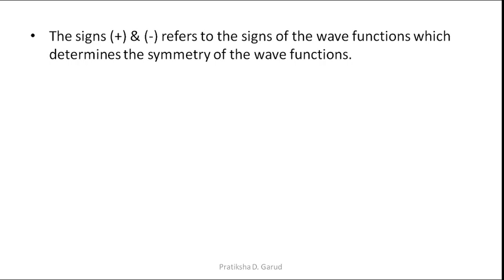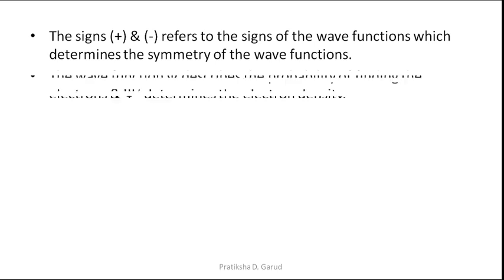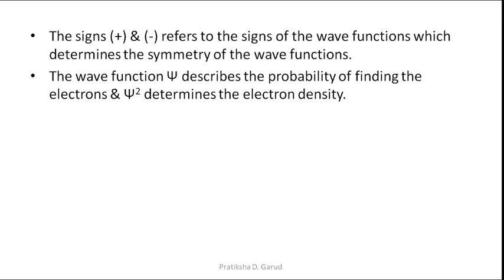Here the plus and minus signs refer to the sign of the wave functions, which determines the symmetry of the wave function. That means from the plus and minus sign we can find out the symmetry of the wave function, whereas the wave function psi describes the probability of finding the electrons. That means the number of electrons can be found by using the psi value, whereas psi square determines the electron density.